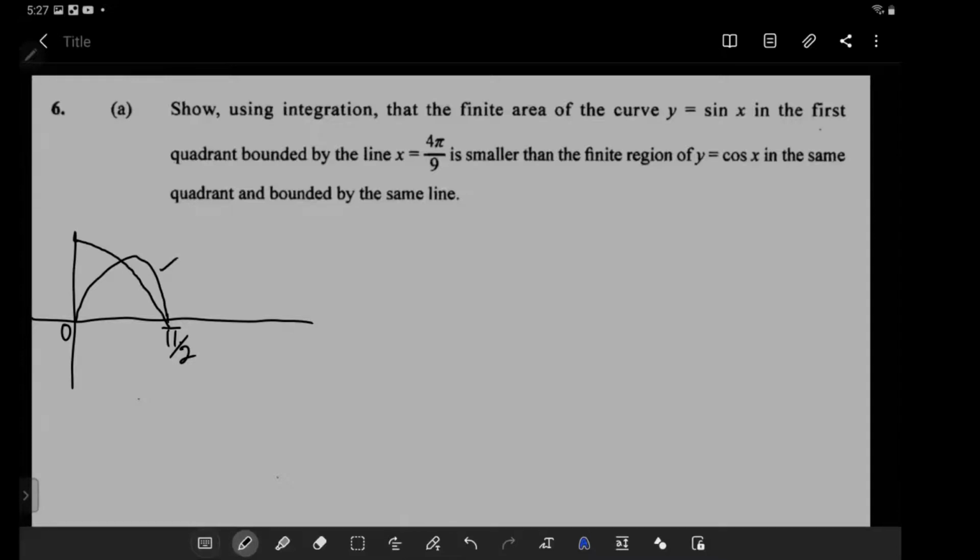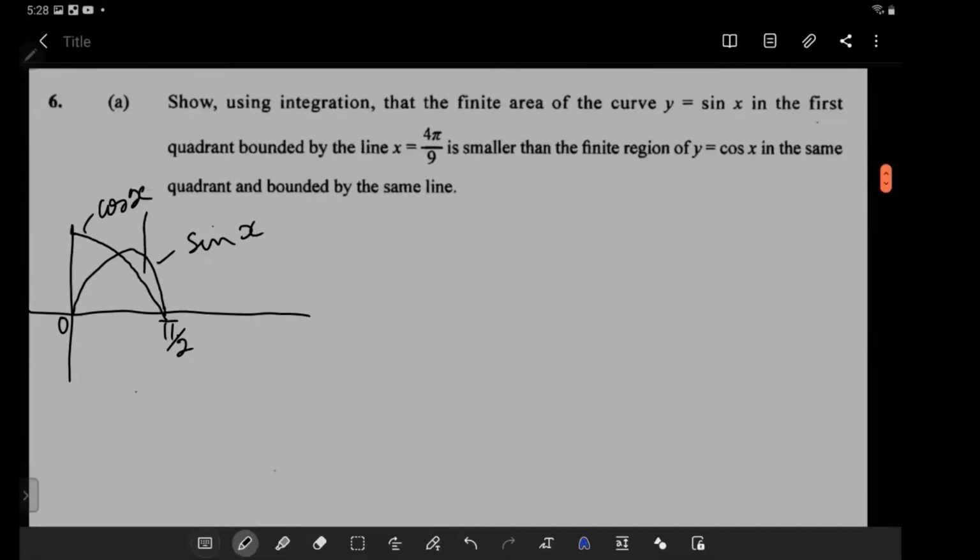So this one is sin x, and this one here is cosine. But we want the line 4 pi over 9, that's this piece here. So this is about 4 pi over 9, roughly. But we cannot tell anything directly from the graph. We would prefer to use the integration.